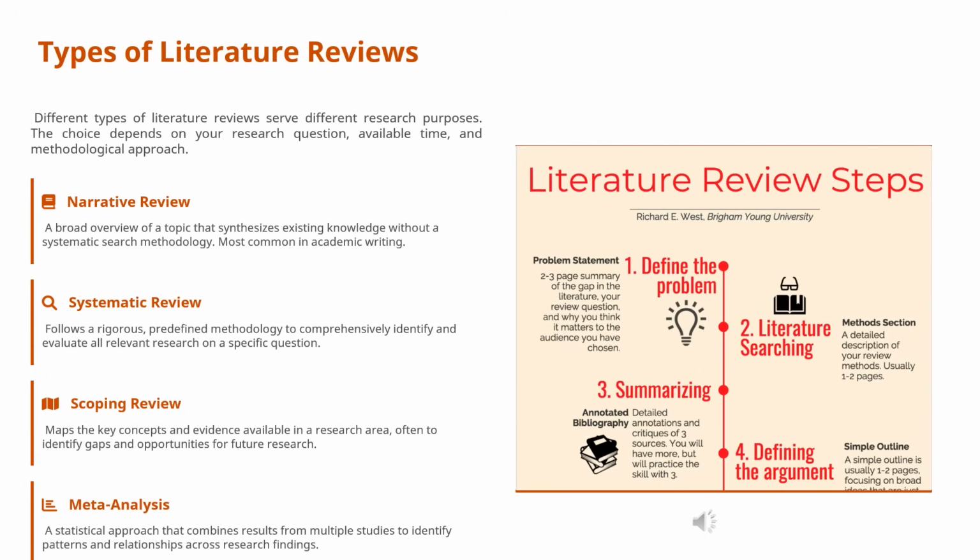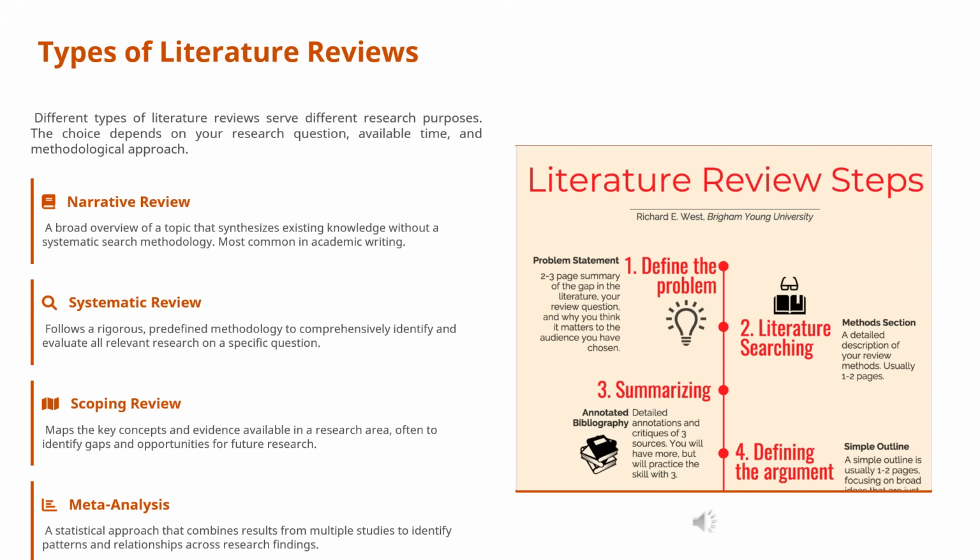So let's look at some types of literature reviews. There are several types of literature reviews, each serving different purposes. The choice depends on your research question, available time, and the methodological approach. First, we have the narrative review.